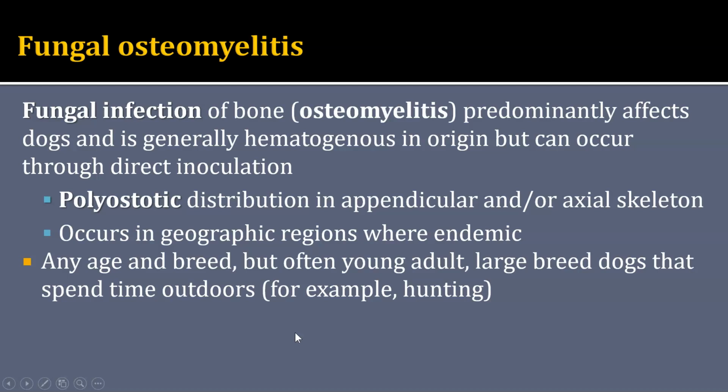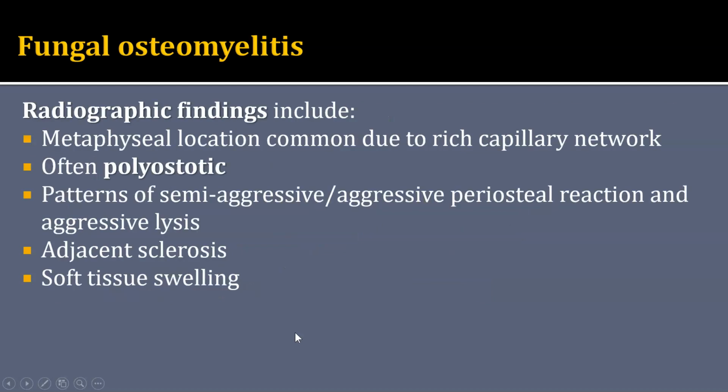It can affect any age dog in any breed, but it is often the young adult and large breed dogs that spend a lot of time outdoors. So for example, hunting dogs, but it can be in any patient that might spend a lot of time outdoors at the cabin and lake where blastomycosis infection may occur.